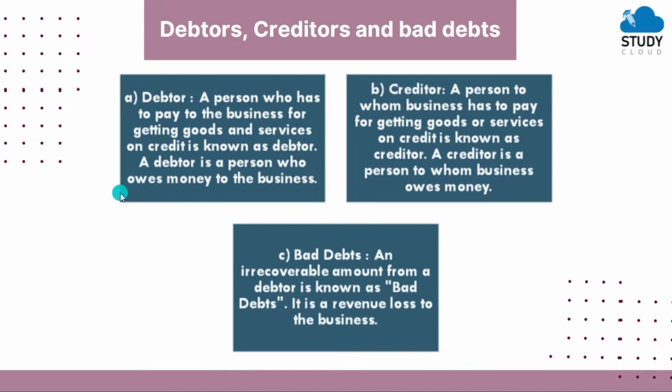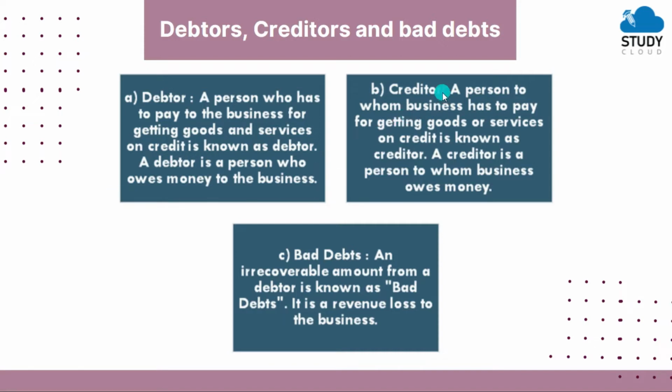Now imagine there are two people, A and B. A purchased goods from B on credit. Now A is supposed to pay the amount back to B on a future date. So for B, A is known as a debtor because A will pay the amount.